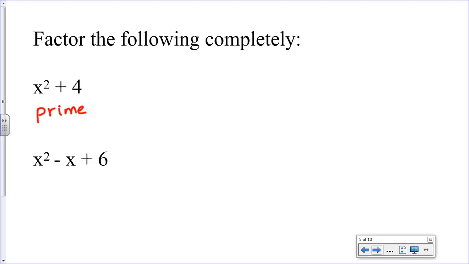Okay, let's look at the next one. Well, I know this will be x and x. I'm going to write these out. So let's try 2 and 3. And what has to be true about my signs?